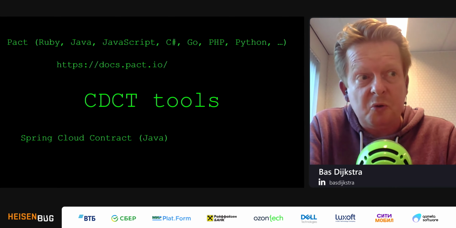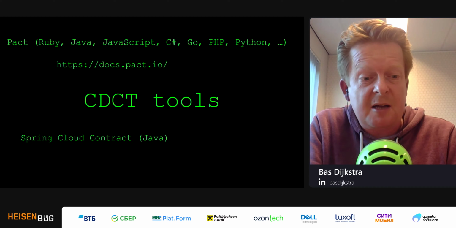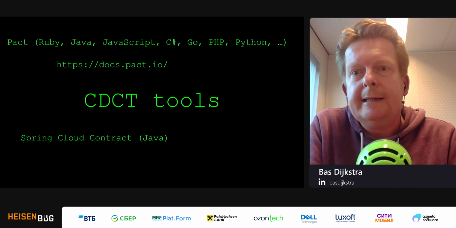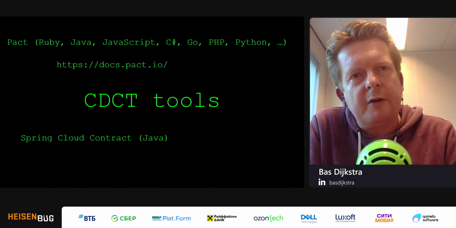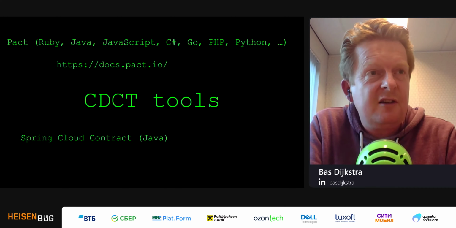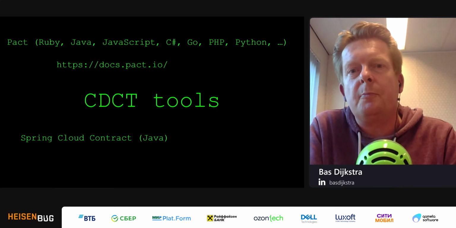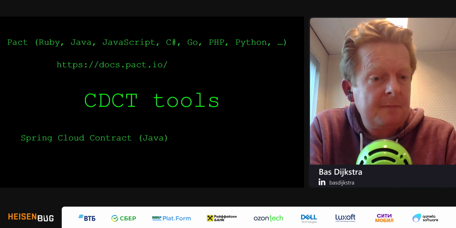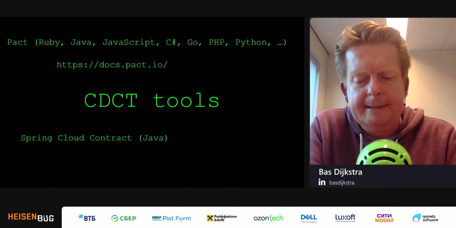I'm sure it's a great tool, really, because I have no reason to assume it's not. And I've seen it mentioned quite a few times. For me, one of the drawbacks is that it only really works with components, with services that are built using Spring Boot. So using the Spring framework.